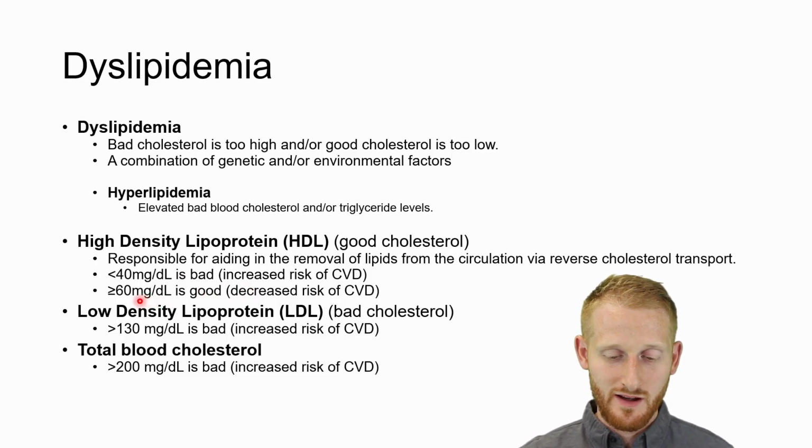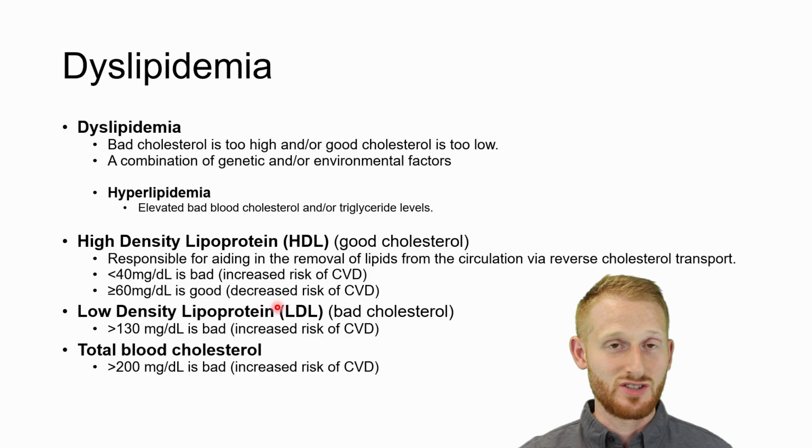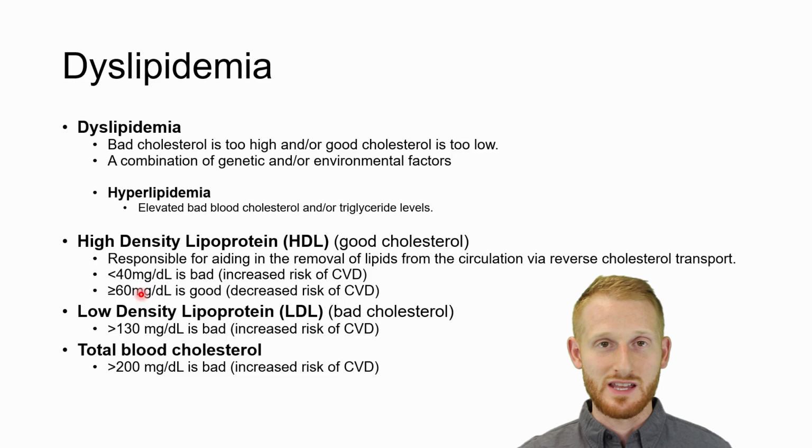If they have greater than or equal to 60 milligrams per deciliter of the HDL, then that is actually a good thing, and that decreases the risk of cardiovascular disease. So either one of these are something you want to take note of: either not enough HDL cholesterol, which is bad, or a lot of HDL cholesterol, which is typically a good thing.